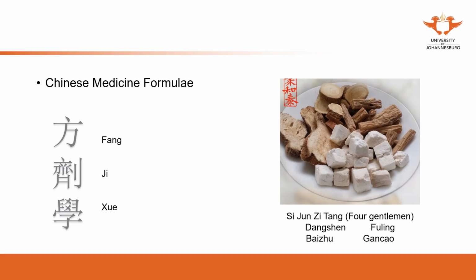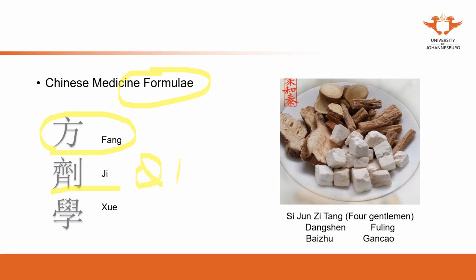The Chinese medicine formulae in Mandarin is named as Fang Ji Xue. Fang means rules or principles. Ji is also similar to Qi, which means tidy, very tidy. So we use the principles or the rules to make something look tidy, which means in this formulae or prescription, we do not select the herbs randomly.